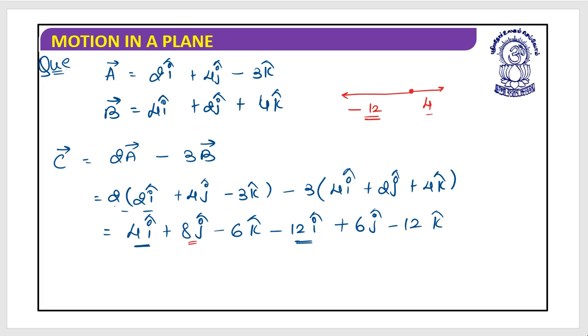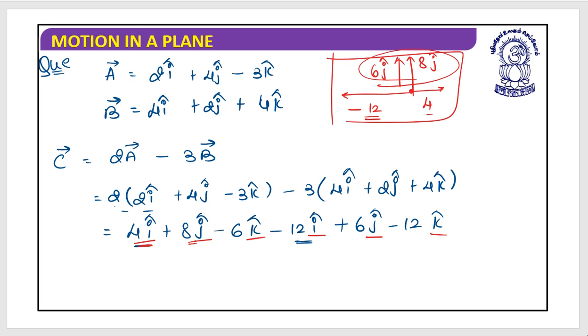The same thing is true for the 8j and this 6j: as these two are in the same direction, the direction of y, they must be added. So I need to perform the calculation with i with i, j with j, and k with k. Now you know the reason why we are doing so.